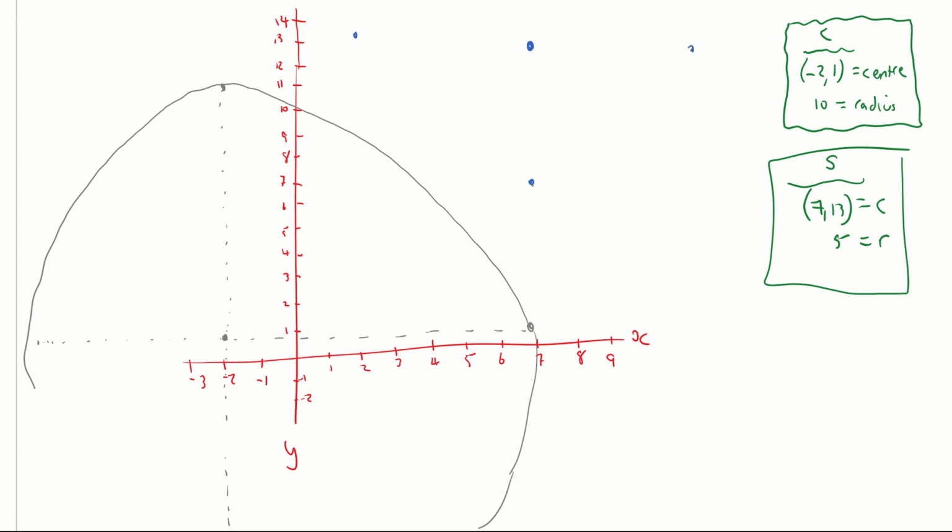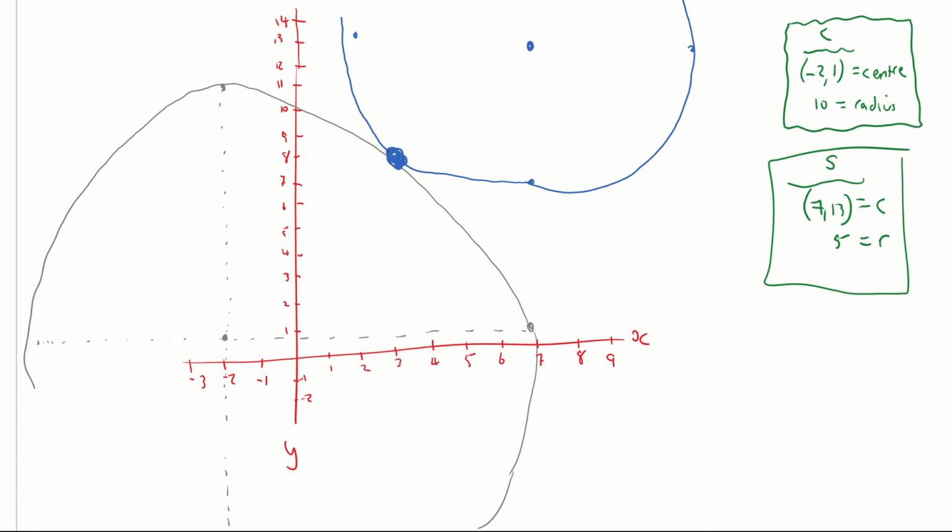So again, it looks something like that, and all I'm trying to do here is see where they basically touch the circle. And again, it's just a rough sketch here. All I'm trying to do is get that coordinate here.